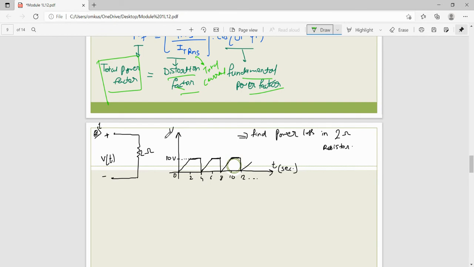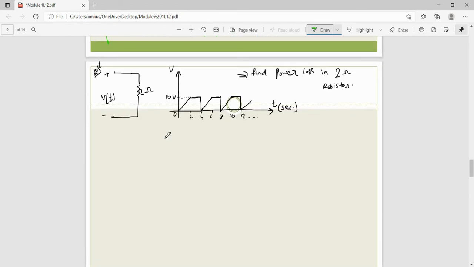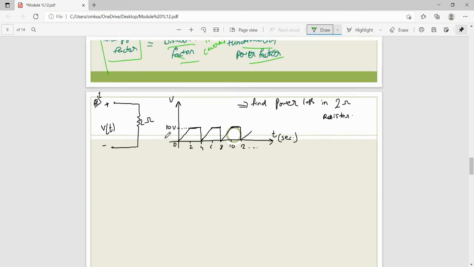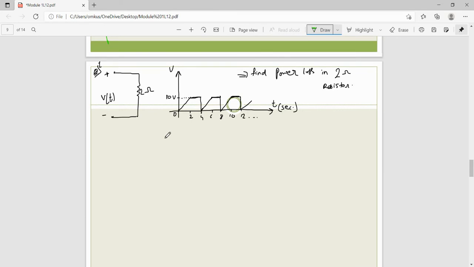Now I hope you solved the problem which I gave you. Most of the students were not able to solve it because I have not taught this problem till now, but still some solved it. Please give the answer. What do you get? Anyone solved this problem?